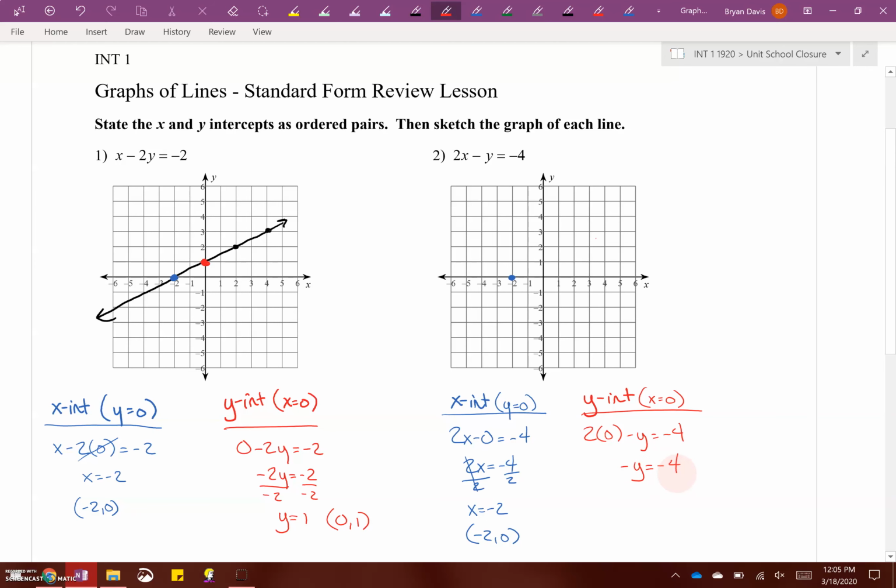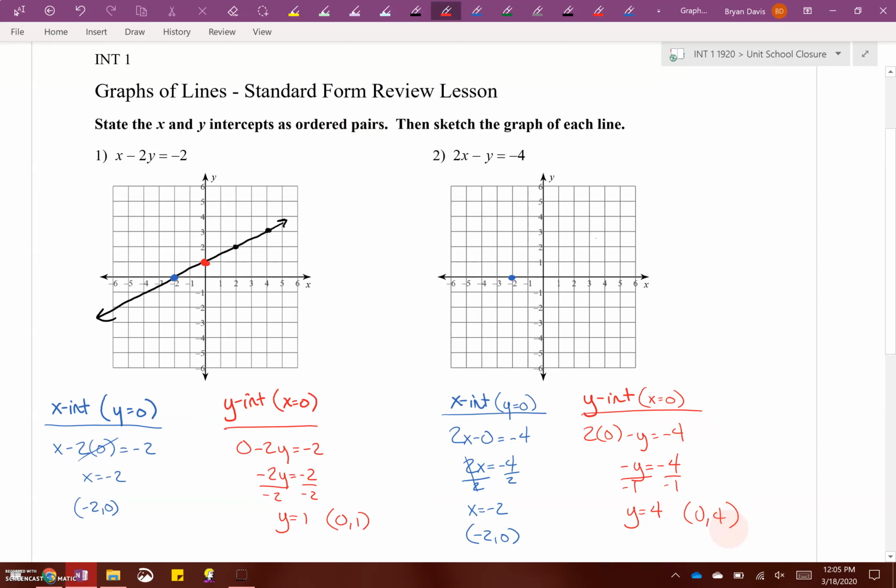Again, I included this example because students so often forget that this is the opposite of y. Don't forget that sign. I'm going to divide both sides by -1. And I get y equals 4. I know my x-coordinate of my ordered pair is going to be 0, so I get (0, 4).